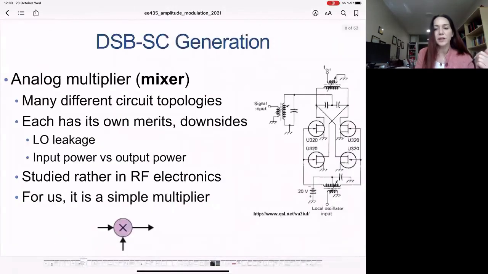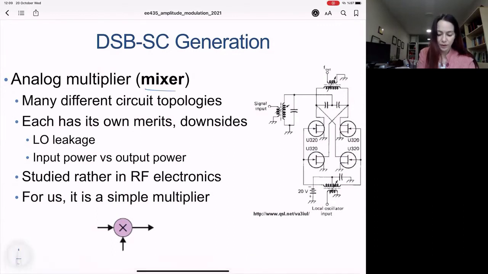First, let's talk a little bit about how DSB-SC is generated. An analog multiplier that we use is what we refer to as a mixer. And there are many different possible circuit topologies for a mixer, each with their own merits and downsides.